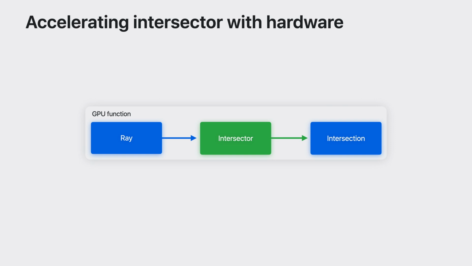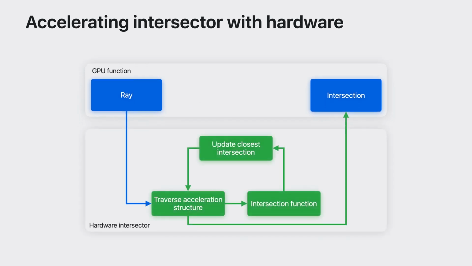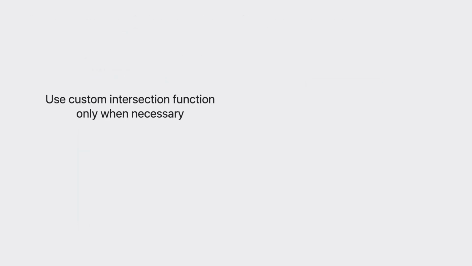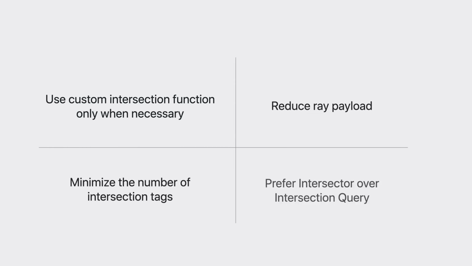The intersector component of this process is hardware accelerated on Apple Family 9 GPUs. The hardware intersector is responsible for traversing the acceleration structure, invoking intersection functions, and updating the state of the traversal based upon the result of intersection. The intersector is the fundamental API for Metal ray tracing. Using intersection functions, ray payload, intersection tags, and the intersector in optimal way can improve the ray tracing performance.